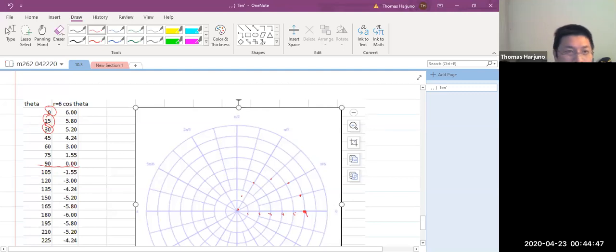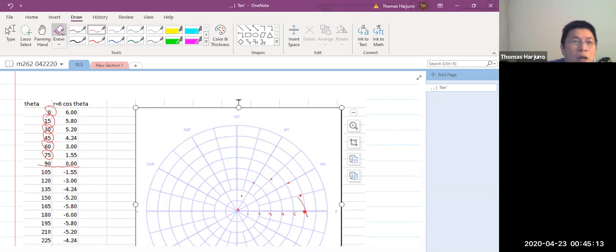So 45 degrees, that's 4.24. 60 degrees is exactly 3, so 3 units, and I turn 60 degrees. 75 degrees is 1.5, approximately here, and then 90 degrees is 0. So if I trace that, it looks approximately like this.